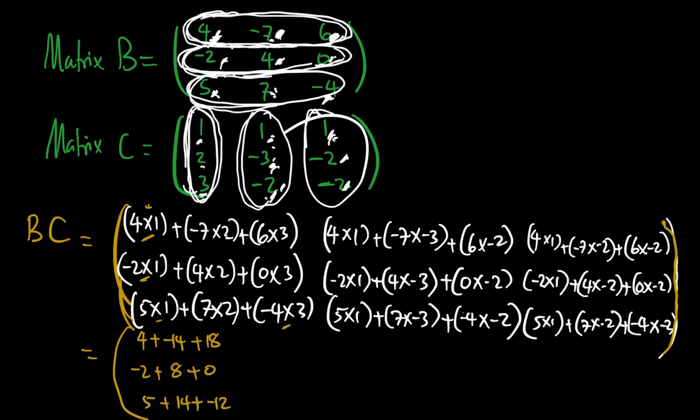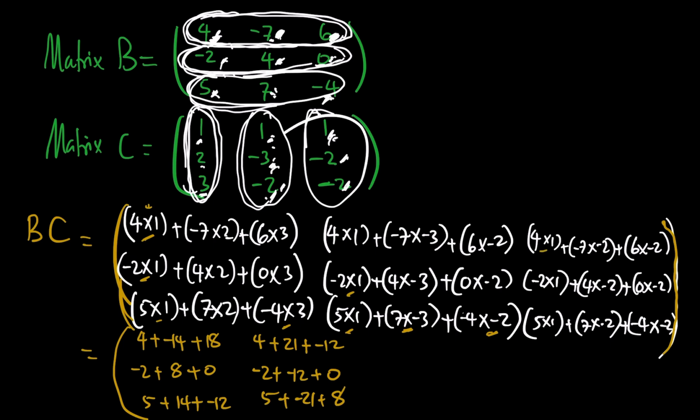Now here we're having 4 plus 21 plus negative 12. This is giving us negative 2 plus negative 12 plus 0. And this gives us 5, plus negative 21, plus 8.